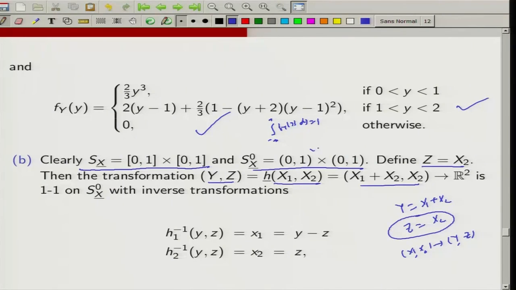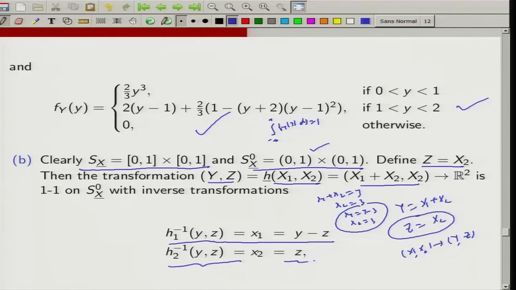What are its inverse transformations? Your X1 + X2 is Y, X2 is Z. So, X1 is Y minus Z, and X2 is Z. So, my inverse transformation is h1 inverse (Y, Z), X1, which is Y minus Z, h2 inverse (Y, Z), which is X2, which is Z. So, the transformation is 1-1 on the whole of S_X0.